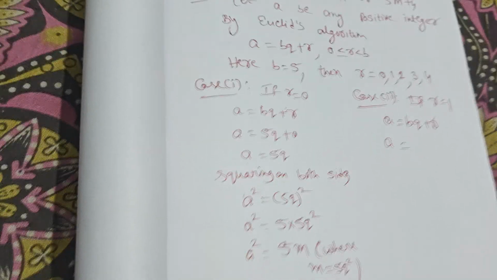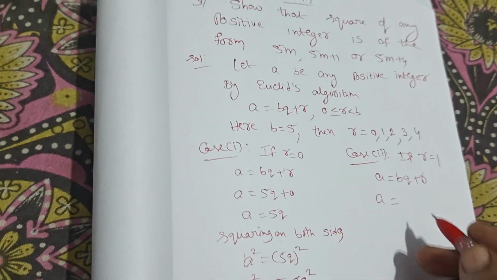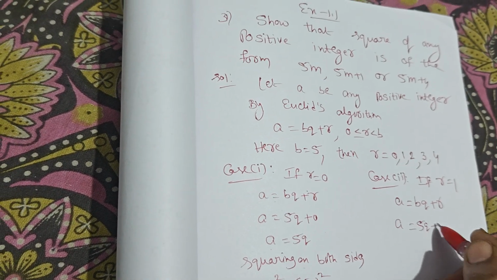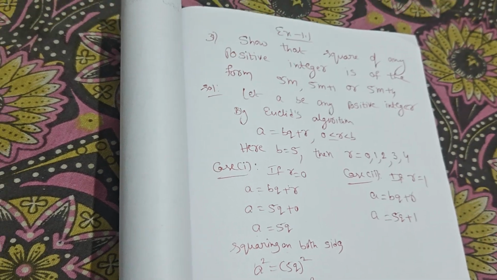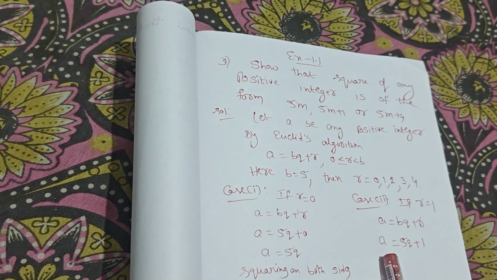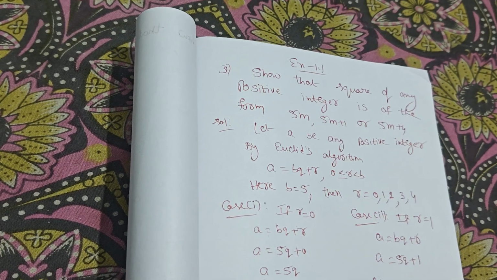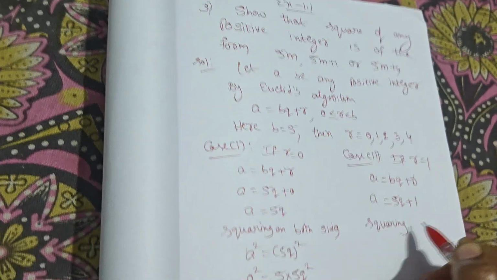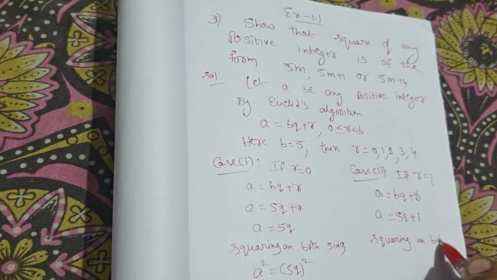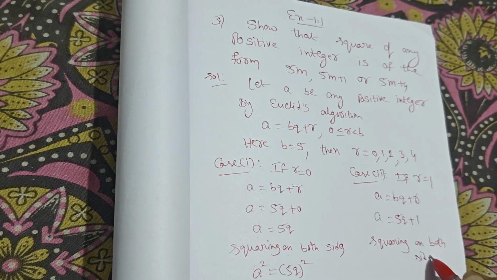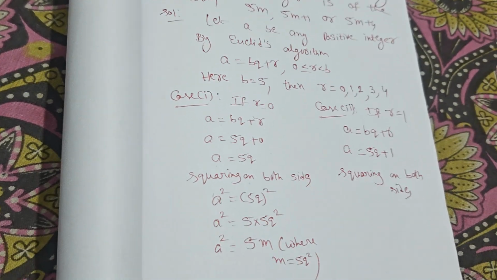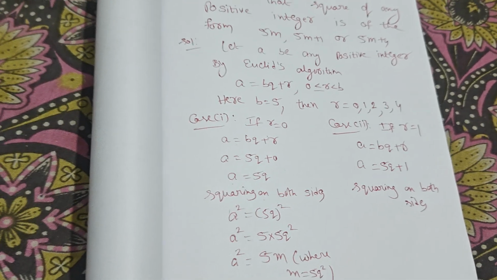Already we know the value of b is 5. So a equals 5q plus the r value 1. a is the positive integer, but we need the square of a positive integer. So what we have to do? Squaring on both sides. One thing you remember, children, we can't add 5q and 1 because they are unlike terms. Okay.